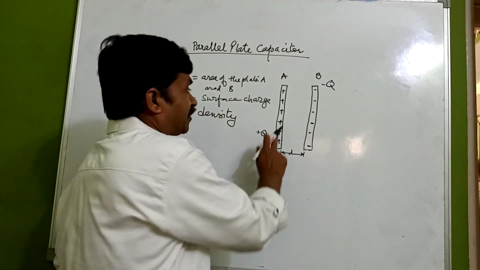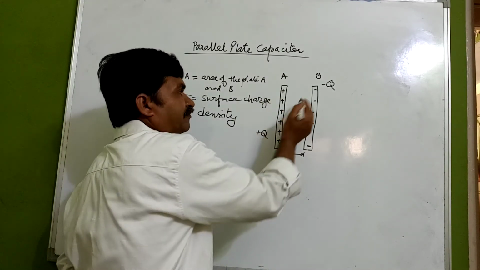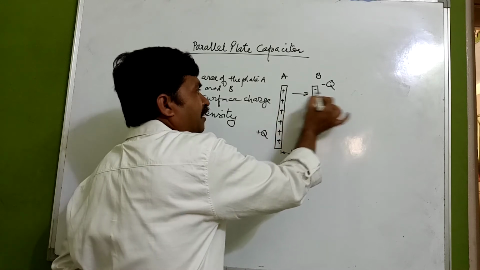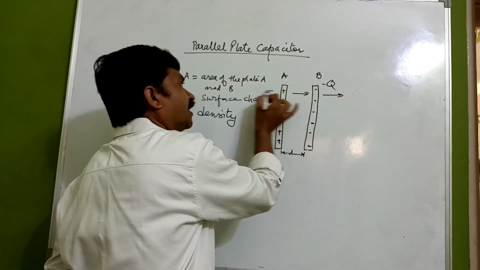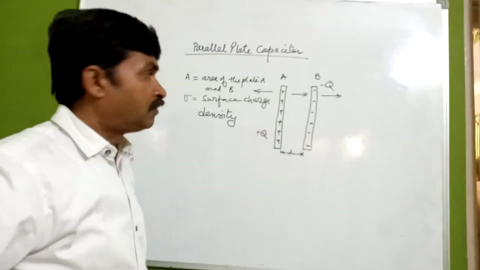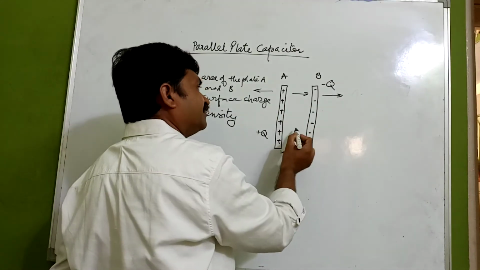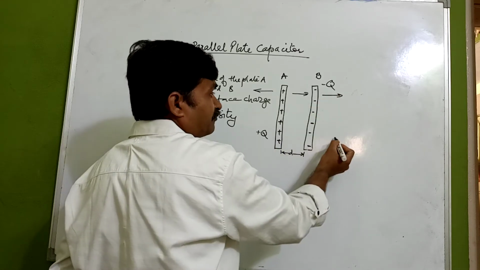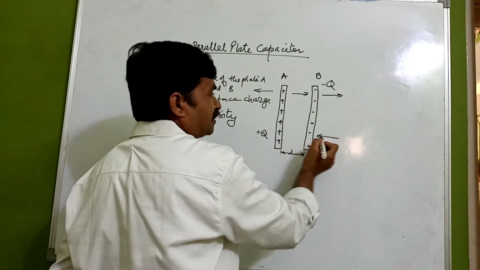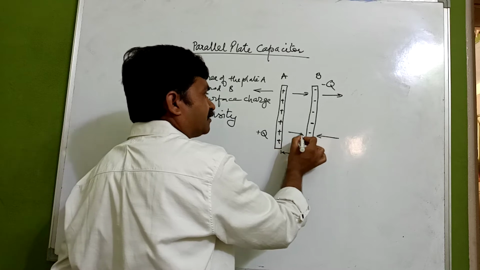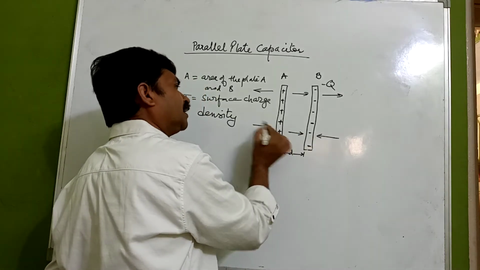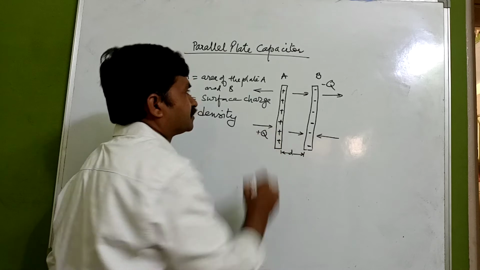Now if we go through plate A, we will have an electric field in this direction and in this direction. That we know. If we go with plate B, putting a positive charge here, it will be like this.